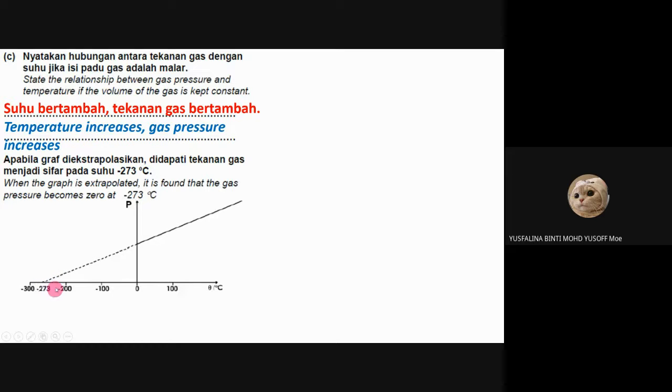Remember I already explained: negative 273 is the absolute zero temperature, where the kinetic energy is almost zero. Why is it zero? Because the volume is almost zero. And then the molecules also almost cannot move at all. So this is the absolute temperature.